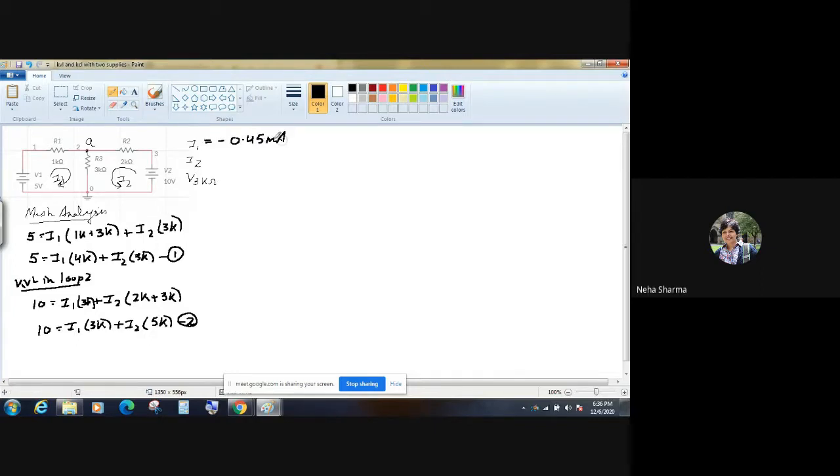If I'm getting a negative, that means the direction that I have chosen in the circuit is opposite to the direction of the current which is actually flowing. So even if I have chosen the wrong direction, automatically I get a negative here. If we look at I2, then I2 should come up as 2.27 milliamps.